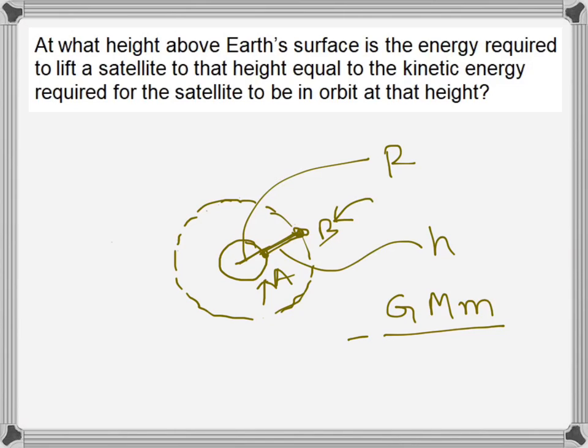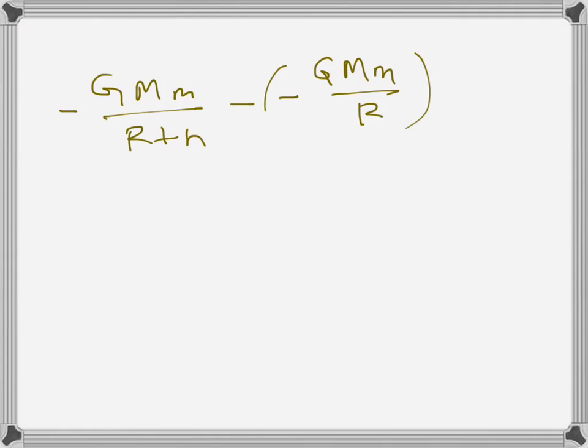At point B it will be R plus H, and at point A just R. So the energy required will be minus GMm over R plus H, minus minus GMm over R. That is the energy required to lift the satellite up.